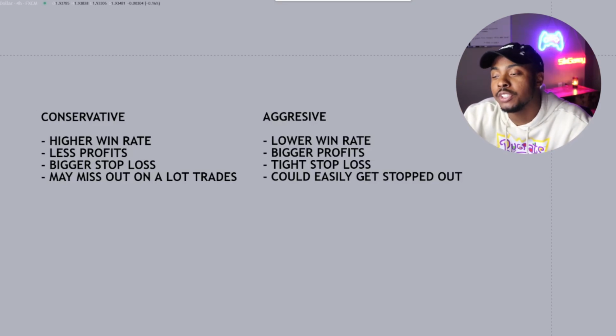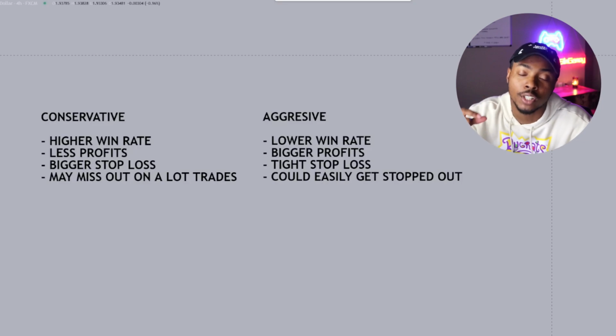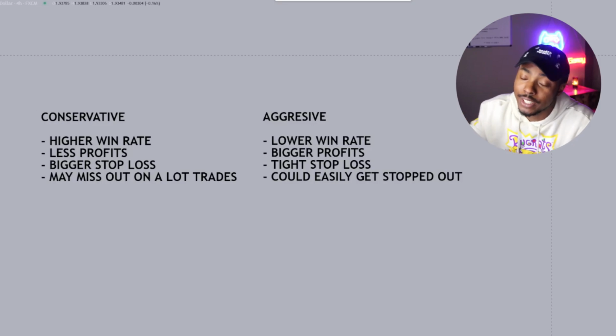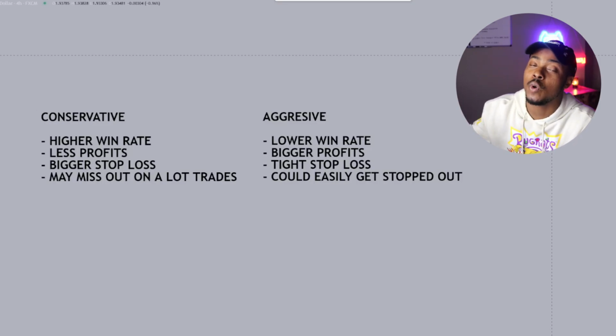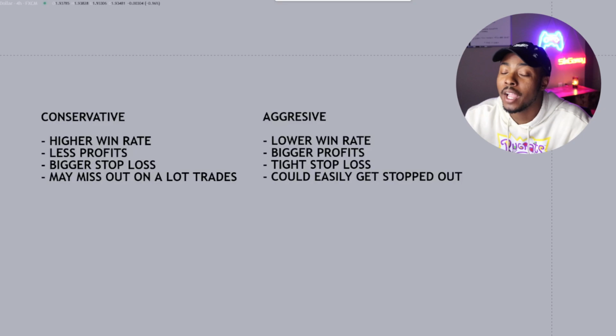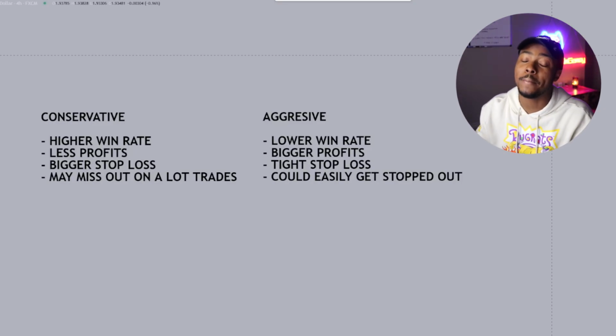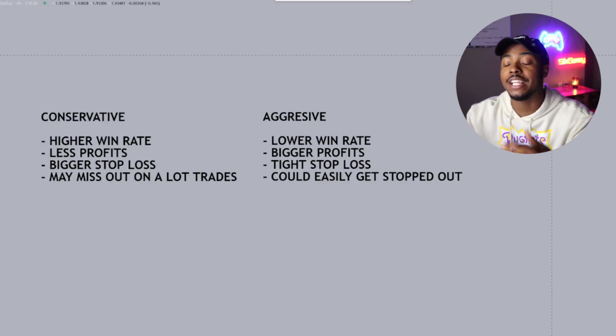With aggressive entries, you're going to be able to have a tighter stop loss because of how you're entering these trades, which ultimately means a bigger lot size, which could go into a bigger profit, but it also means that you could lose just as fast and lose that money easily, which is why I say you can easily get stopped out.